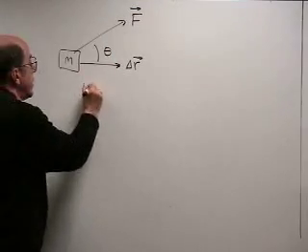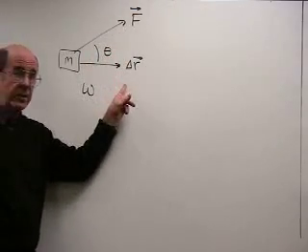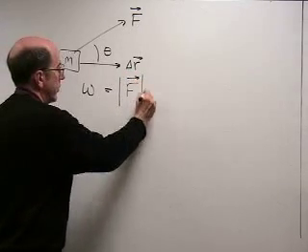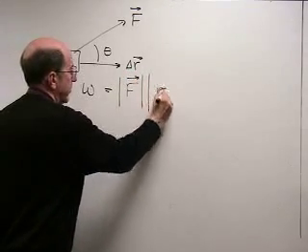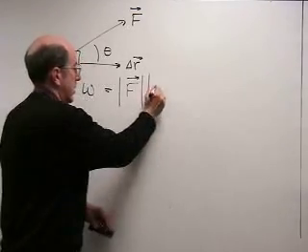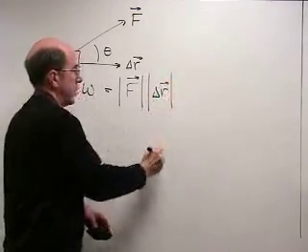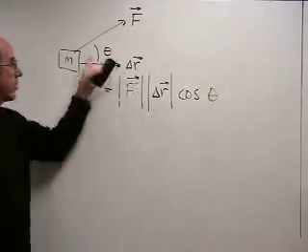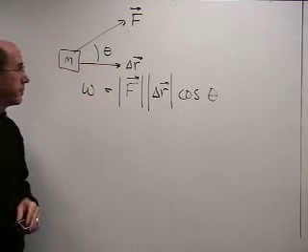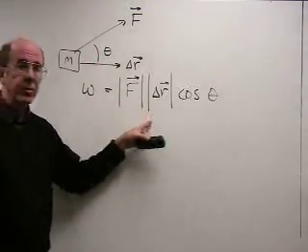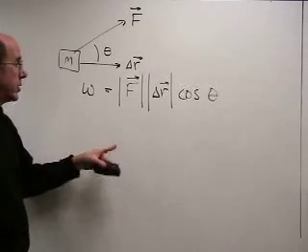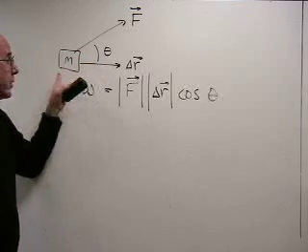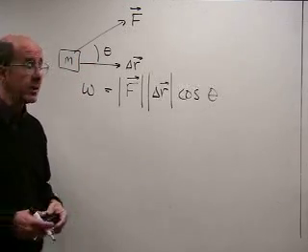The work done by this force in moving to this angle is equal to the absolute value of the force times the magnitude or absolute value of the displacement times the cosine of that angle between the force vector and the displacement vector. That turns out to be equivalent to the vector notation I did before. Comes out with the same answer. Sometimes it's more convenient to look at work done in this notation. Sometimes it's more convenient in the other notation.